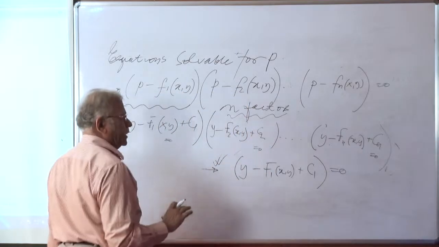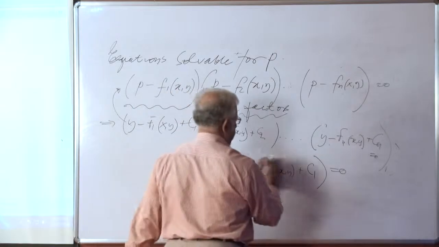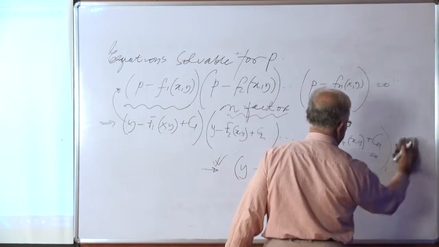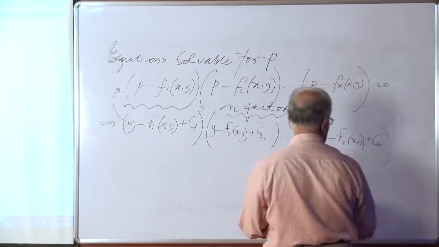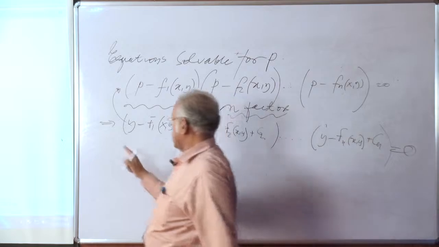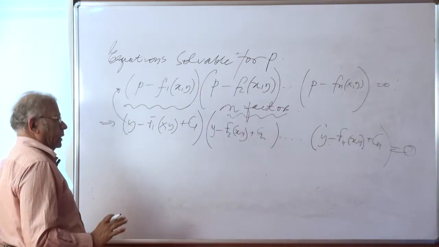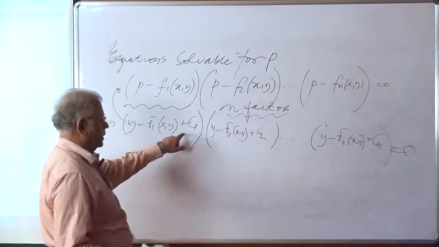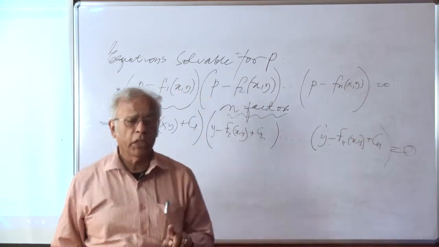So what we do is, instead of writing so many zeros, we just remove all of them and write the product as being equal to 0. Because each of them is equal to 0, so the product is equal to 0. This is the solution, but there is one problem, that in this solution we see n independent arbitrary constants, but the equation was of the first order.